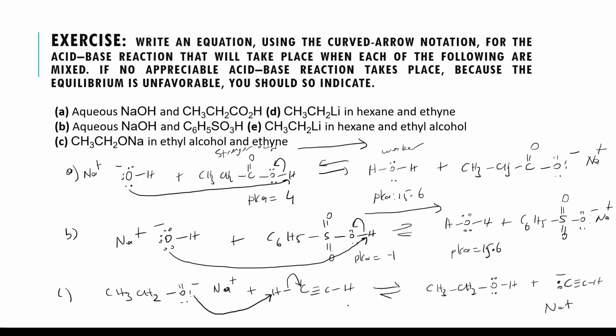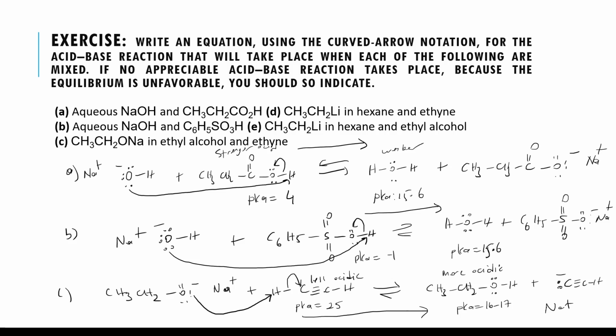Okay, so again, is this a feasible reaction? Alkynes, if you look at the pKa tables, generally have a pKa of 25. And we formed an alcohol, and the pKa of alcohols is in the 16, 17 range. So ethanol is more acidic and alkyne is less acidic. Basically, this reaction as written is not feasible because the reaction tends to go from the more acidic to the less acidic side.